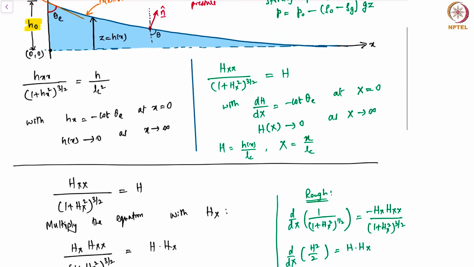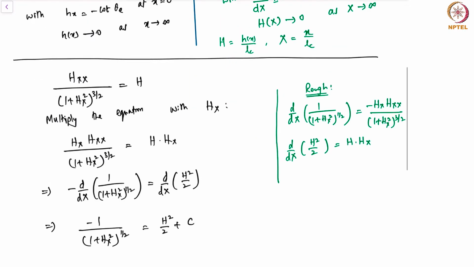Further, the meniscus becomes flat and merges with the liquid bath far away from the plate. So the idea that we have is we have fluid in a container, and we're dipping a plate, and the interface meets the plate at an angle theta e, but far away you expect the fluid to not care about the plate, and it would merge with the flat interface far away.